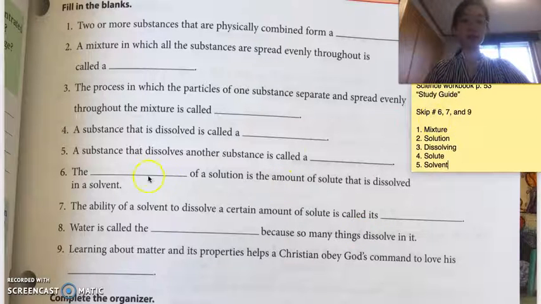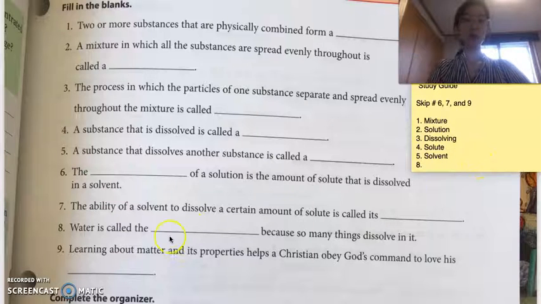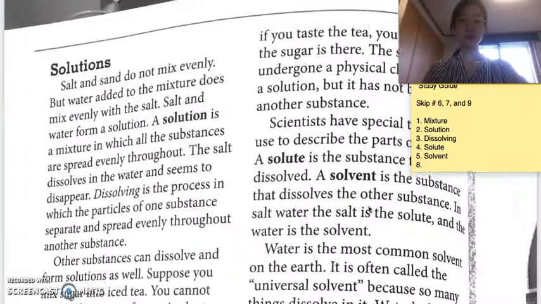Okay, since we're skipping 6, 7, and 9 for now, we just got number 8. This one is a fun one. I like this one. Water is called the blank because so many things dissolve in it. We can put sugar in it, we can put salt in it, we can put so many things. So what is water's nickname? We got it right here.